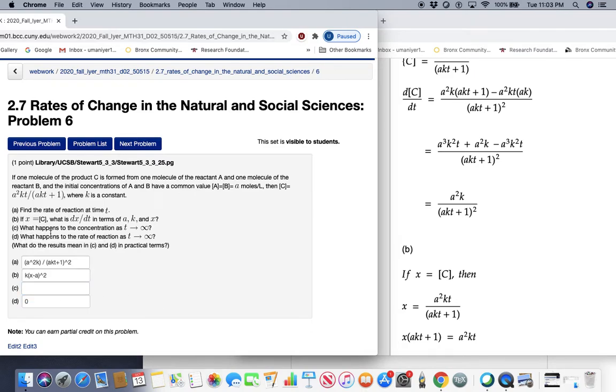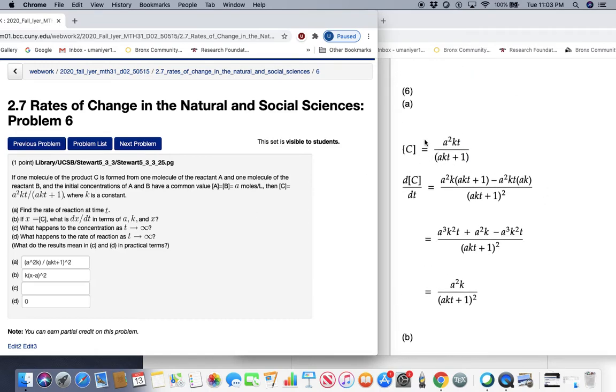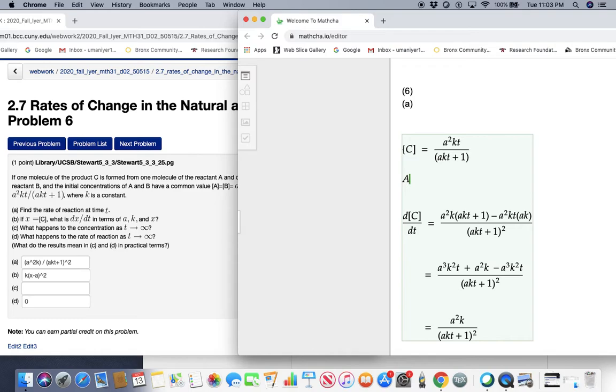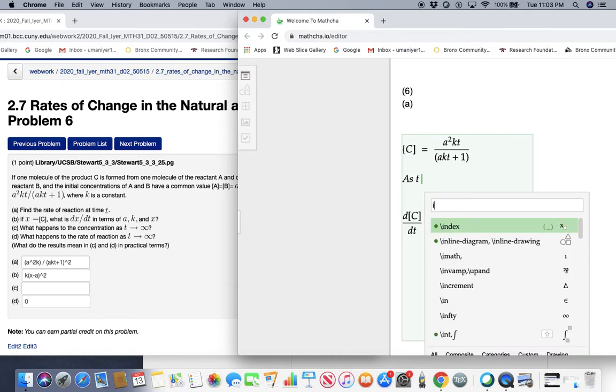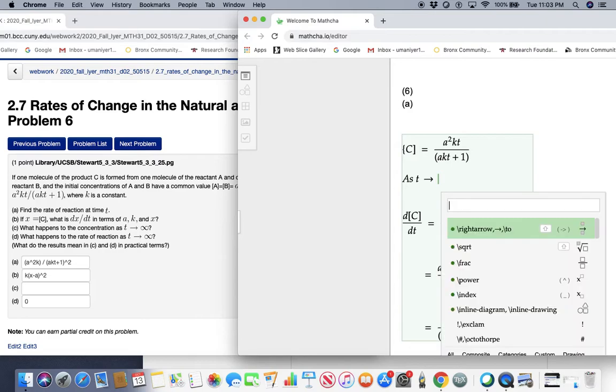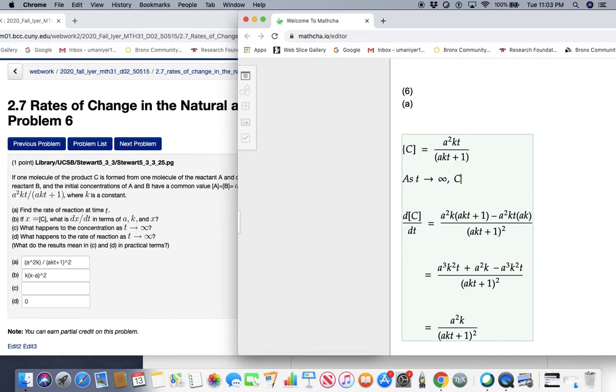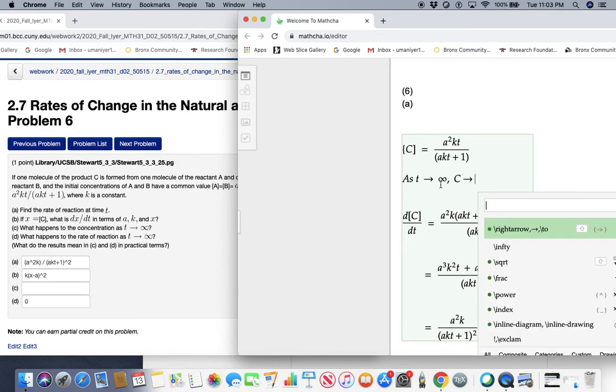Now, part C asks what happens to the concentration as t approaches infinity. Concentration itself, that's C. So that's the concentration. As t approaches infinity, what happens to C? You may know this: t over t, so only those coefficients survive.